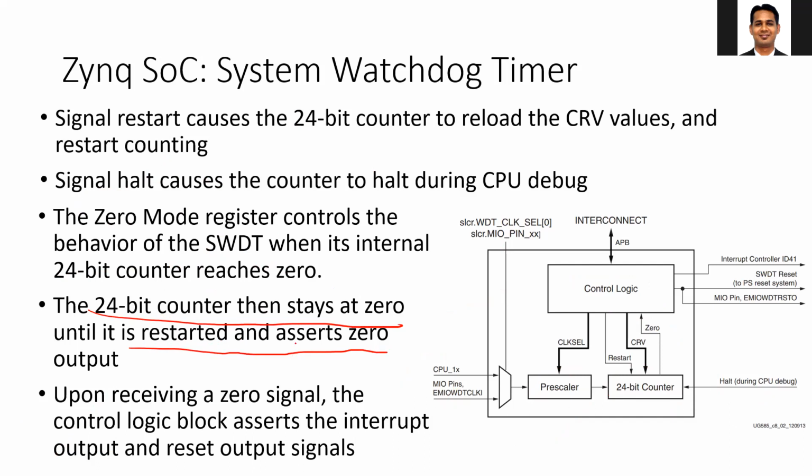So whenever it reaches the 0, it will stay at 0 until the watchdog timer is restarted by some unit, or you restart your board. And it will keep on asserting the 0 signal. So it will keep on asserting high on this 0 signal. Upon receiving this 0 signal, this control logic will assert the interrupt as well as the corresponding reset signal based upon how you are going to configure this watchdog timer.